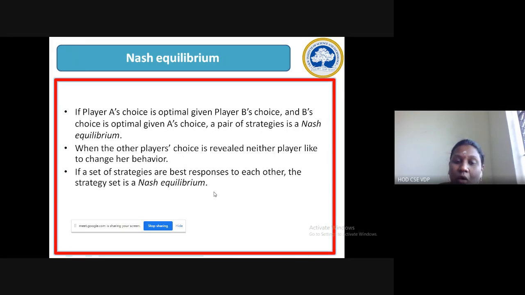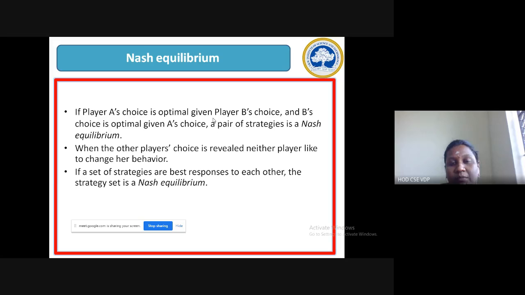Now what is Nash equilibrium? Nash equilibrium is the optimal choice for both A and B. So you're going to select something which is going to be optimum for both persons. For example, in our prisoner's dilemma problem, you understood the prisoner's dilemma problem, right? So what would be the Nash equilibrium here?